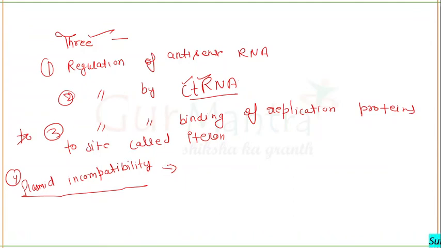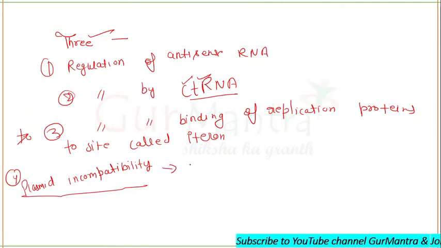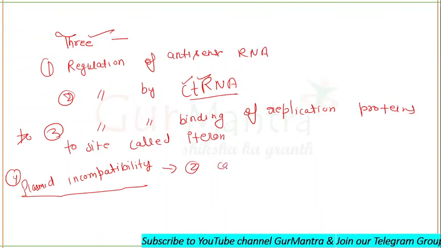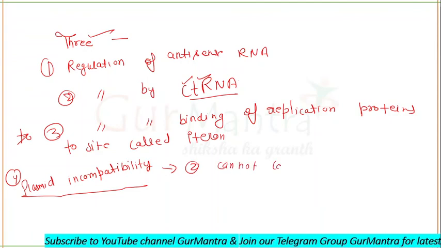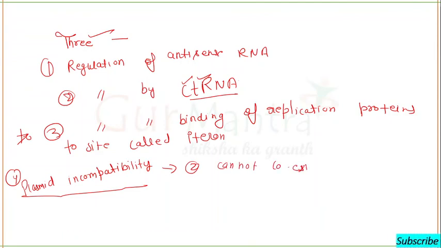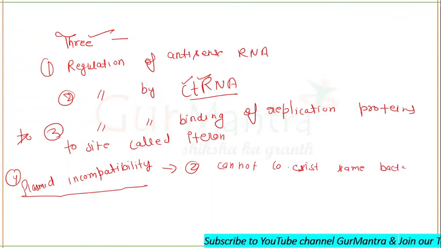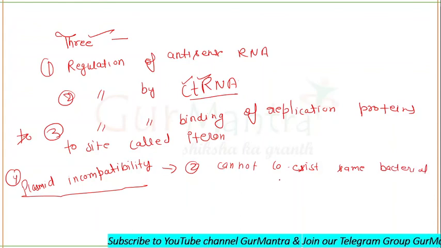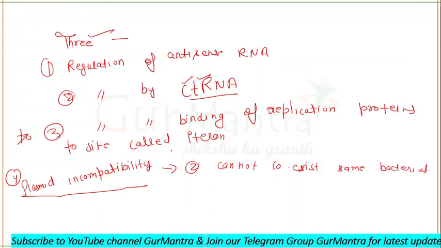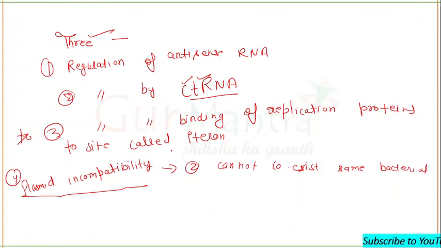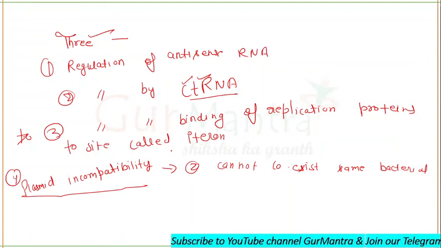Two plasmids that cannot coexist in the same bacterial cell belong to what we call an incompatibility group. Two plasmids are incompatible if they belong to the same incompatibility group.